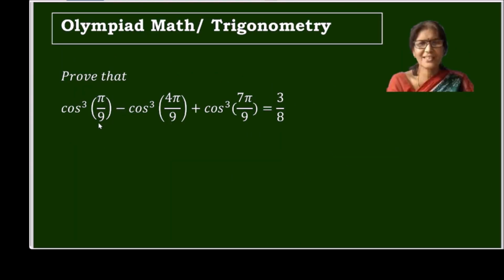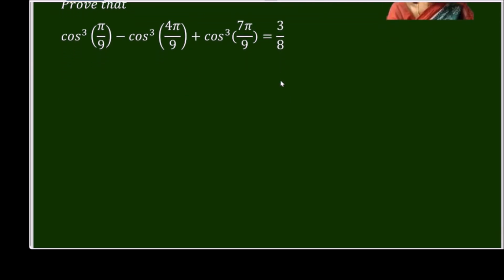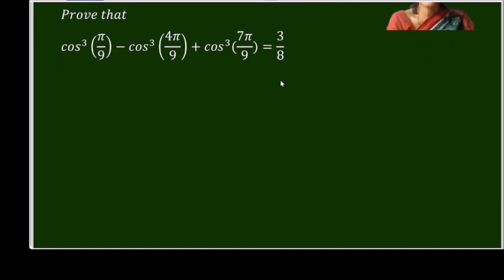So the question is, prove that cos³(π/9) minus cos³(4π/9) plus cos³(7π/9) equals 3/8. Okay.